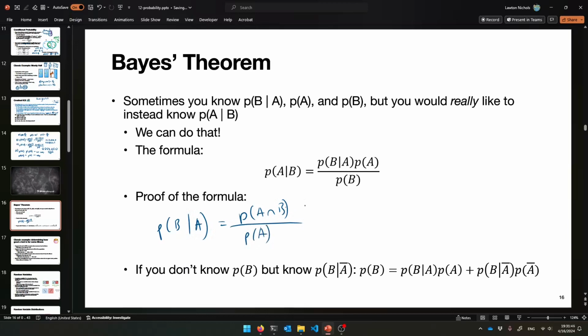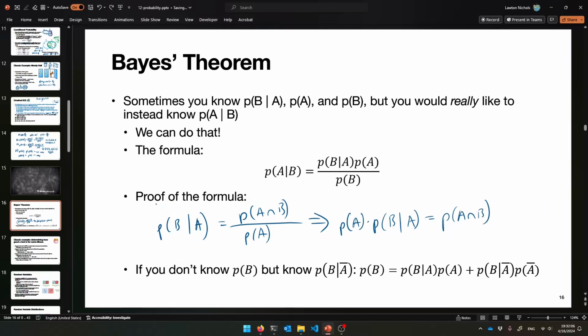Then I can multiply by the probability of A on both sides, and I can get the probability of their intersection by itself. That would be P of A times the probability of B given A is equal to the probability of their intersection. Then I can make that same formula for the other way.